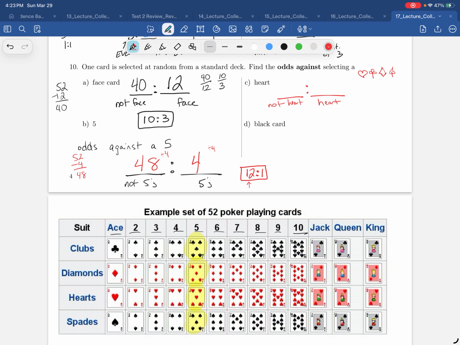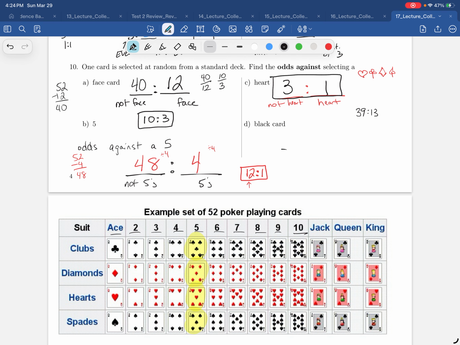Out of those 4 symbols, 3 of them are not hearts, and 1 of them is a heart. And by the way, if you were to take 39 to 13, that would also reduce down to 3 to 1, odds against.